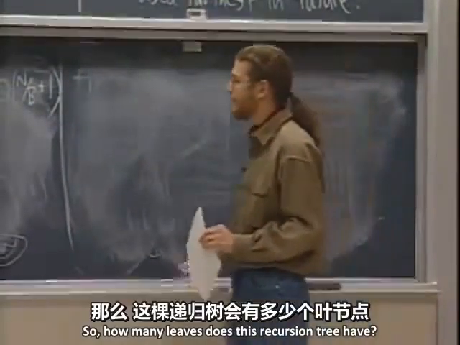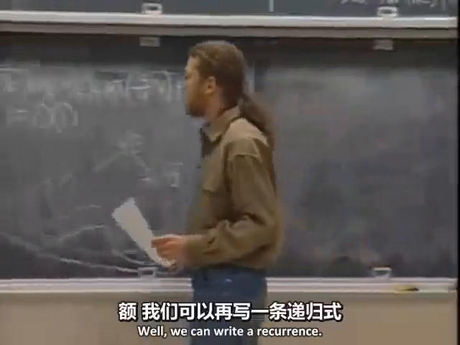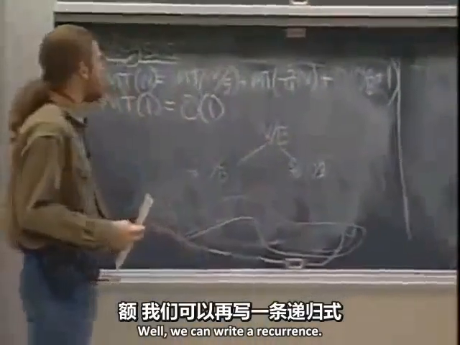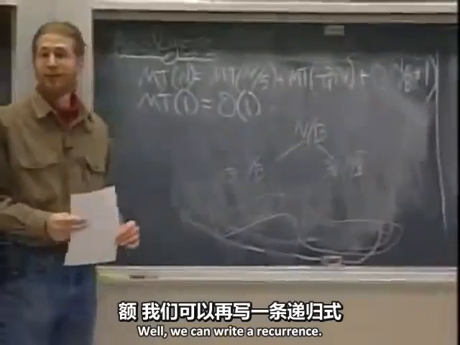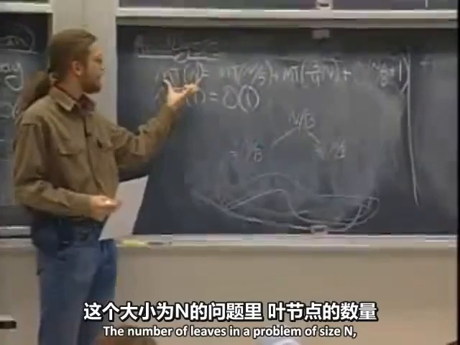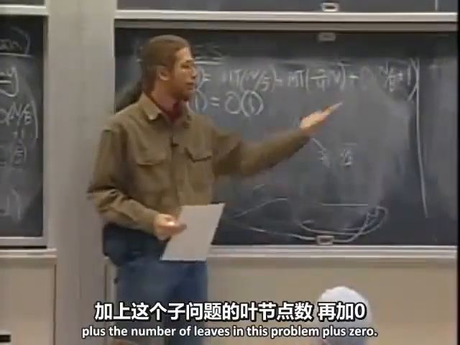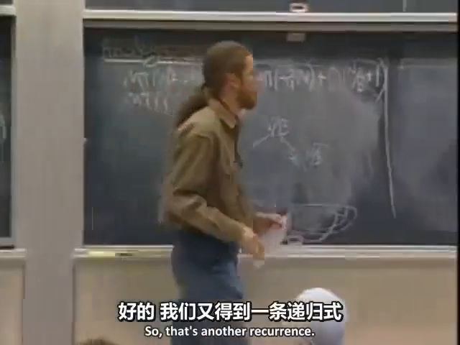So how many leaves does this recursion tree have? Well, we can write a recurrence, right? The number of leaves in a problem of size n is going to be the number of leaves in this problem plus the number of leaves in this problem, plus 0. So that's another recurrence.